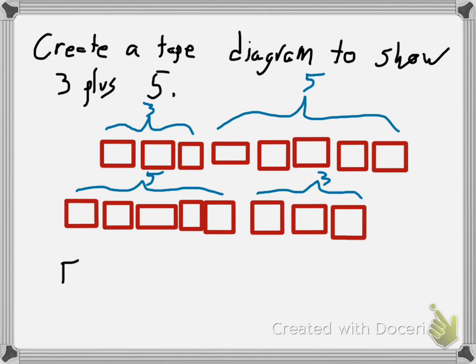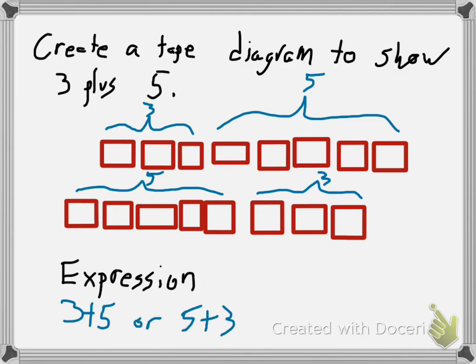If I needed to write that out as an expression, I could write it one of those two ways. I could write it 3 plus 5, or 5 plus 3, because we know based on our commutative property of addition, the order really doesn't matter.